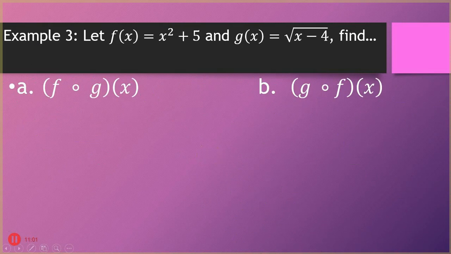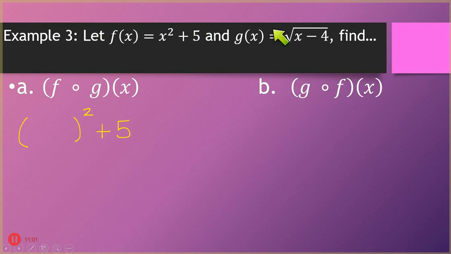All right, so let's just do one more example where we're using a quadratic and a square root. So in this first one, this means take my g function and put it into my f function. So my f function says something is squared, and then I'm adding 5. That's what the f function is telling us to do.